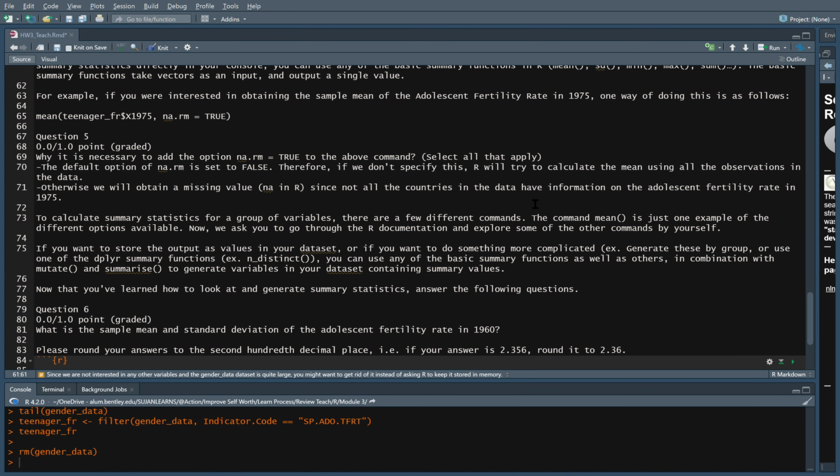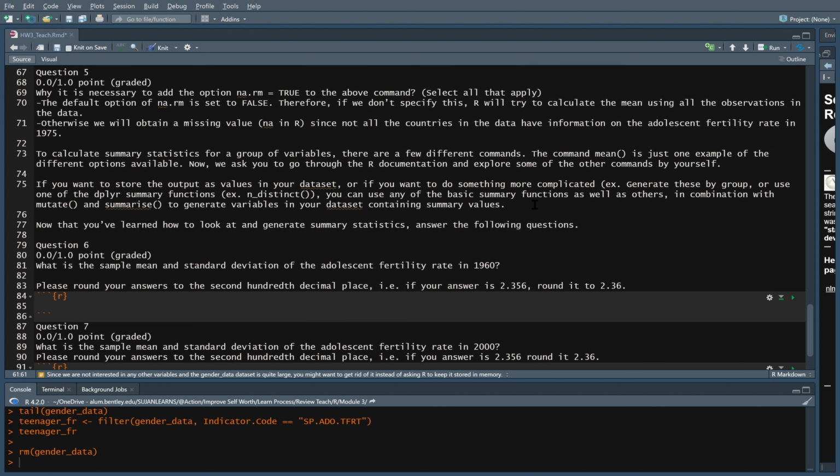And it says that now we have done this thing, we can also use some different summary functions such as n_distinct and other functions such as mutate and summarize to understand your data set. Now, question number 6 is, what is the sample mean and standard deviation of adolescent fertility rate in 1960?